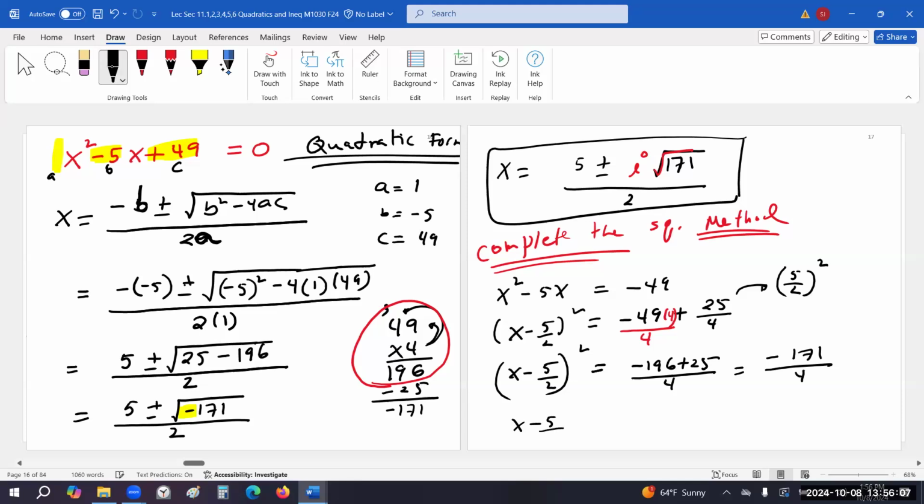So x minus 5 over 2 squared is negative 171 over 4. No problem, we take the square root, and they cancel out.